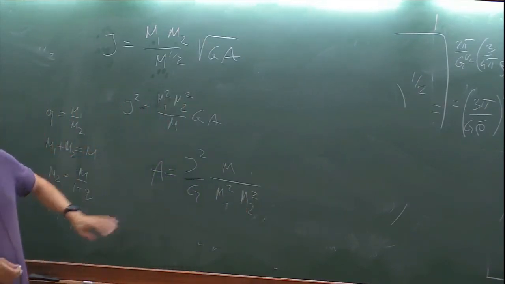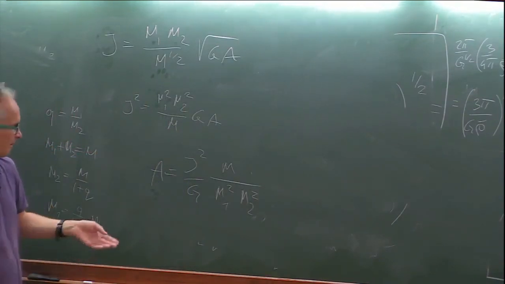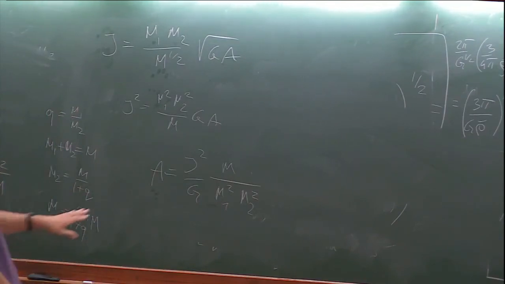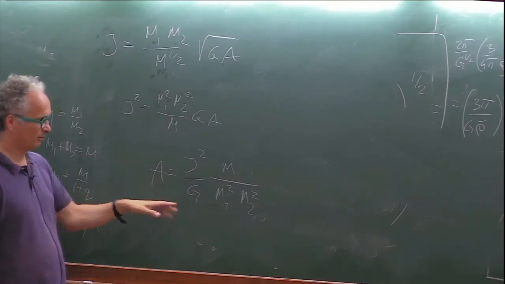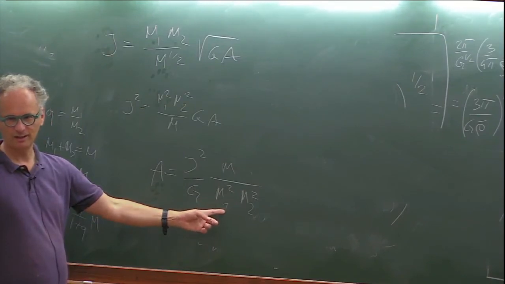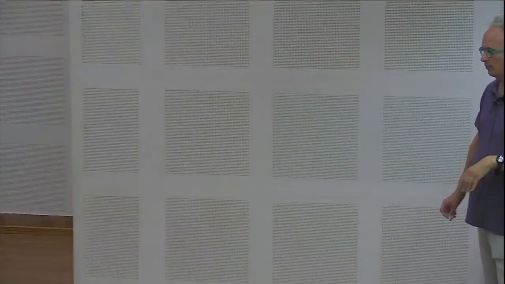So if you see an equation like that, can you see right away what will happen when we have a flow from M1 to M2, and what will happen to the orbit? Or is there any special point for A? No, this is very symmetric with respect to M1 and M2, so it's obvious that the special case is when M1 is equal to M2. What value will A reach when M1 is equal to M2?